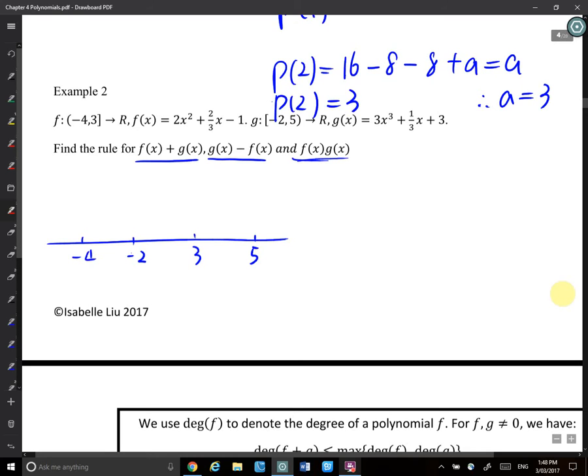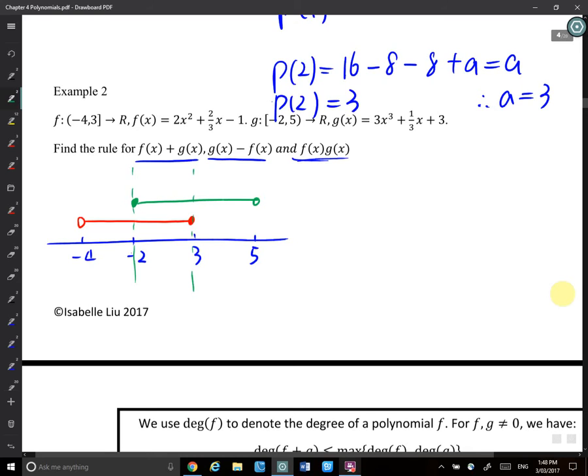So for this one, you have -4 to 3, open circle and closed circle, from here to here. Next one, you have -2 as a closed circle, and to 5, where 5 is an open circle. The overlap region is from here to here. Those two parts are the intersection.